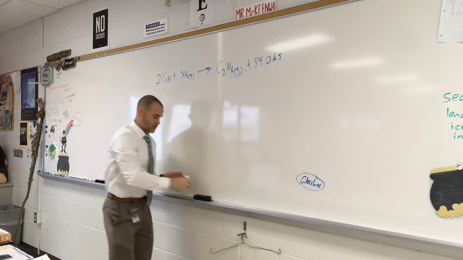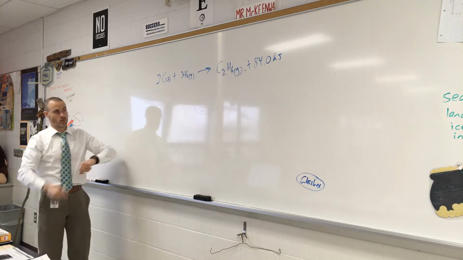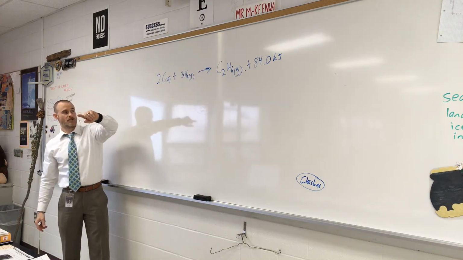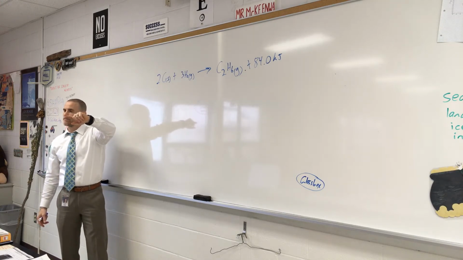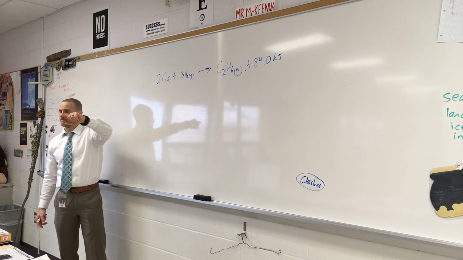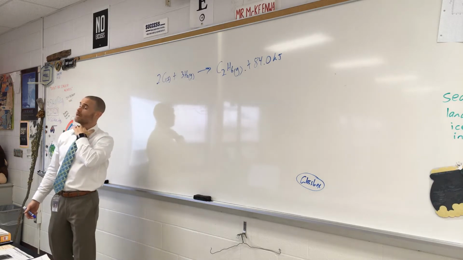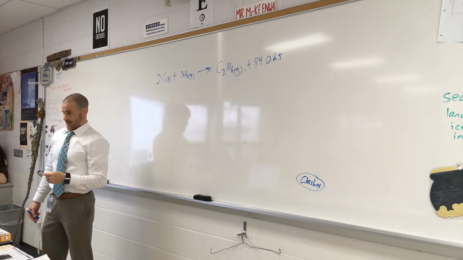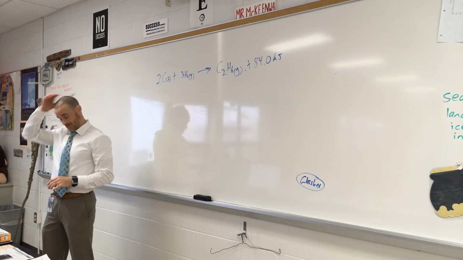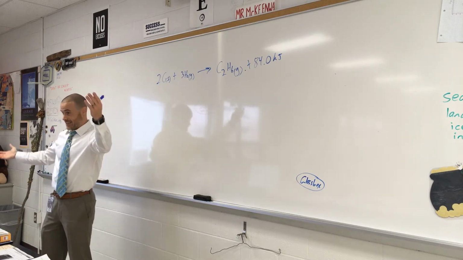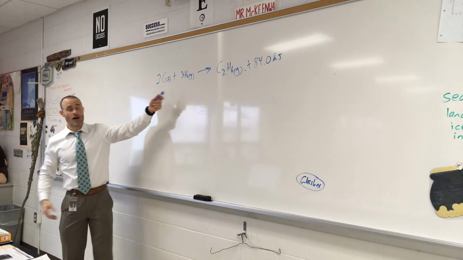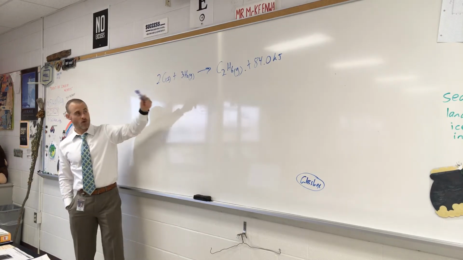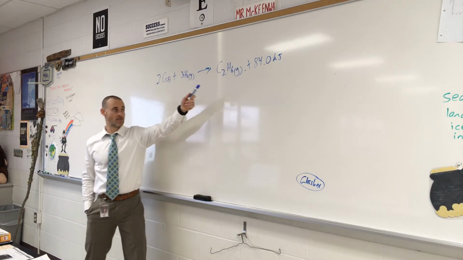So let's take that mole word and apply it to this reaction. All balanced equations, what does balanced mean? Equal. The same. The number of particles on your reactant side is the same as the number of particles on the product side.